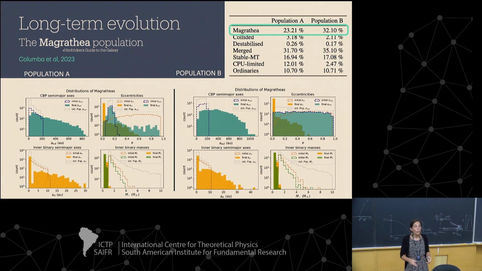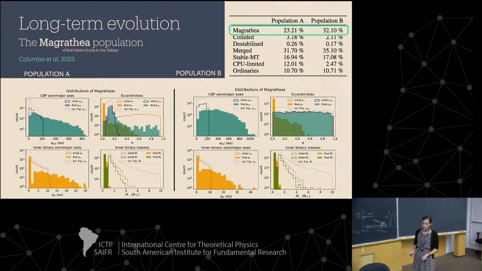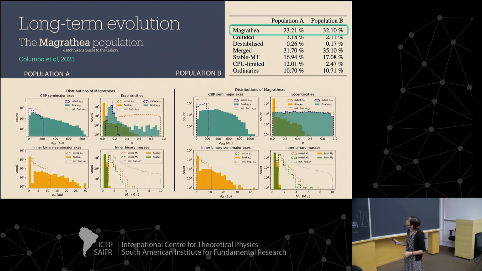Okay, so we want to know how many planets around double white dwarfs we have, so how many Magrathea planets we have, because those are the planets that LISA might be able to detect. So we highlighted the Magrathea planets for population A and population B, and then obviously we have all the other outcomes. Magrathea planets survived the evolution of both of the stars.